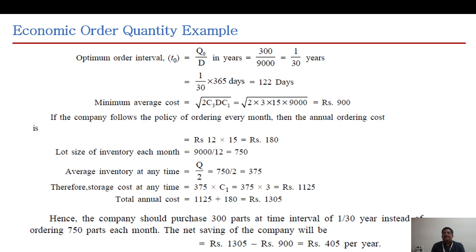The net saving of this company will be 1305 minus 900, which is equal to 405 per year. So like this we can solve these problems by using the EOQ formula.